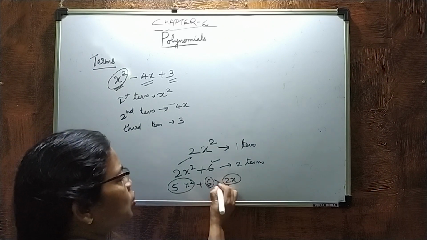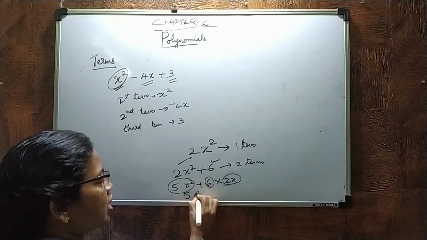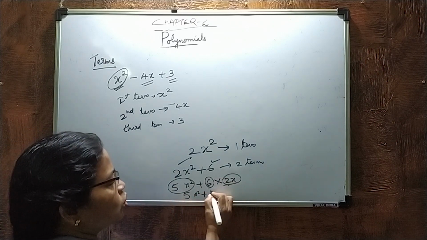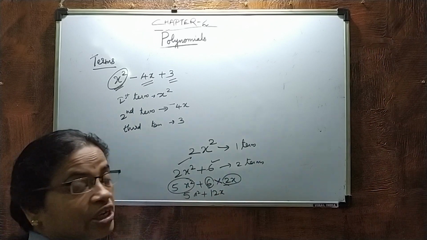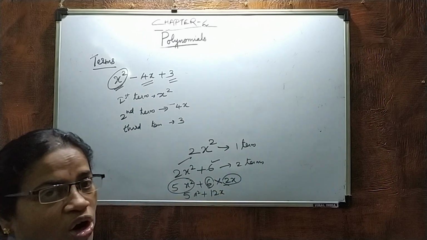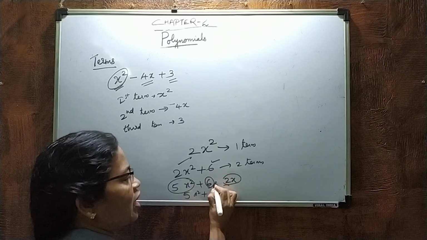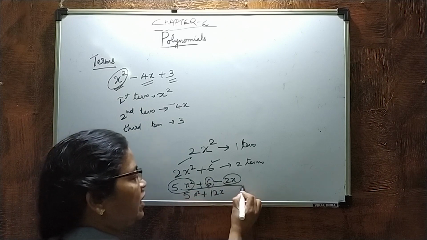Suppose here it is multiplication, so it is 5x square plus 6 into 2, which is 12x. Now how many terms are there? Only 2 terms. Earlier, with plus or minus, there were 3 terms.